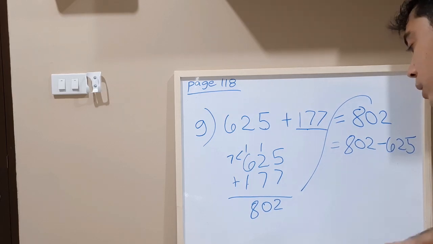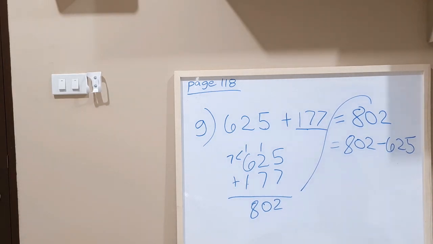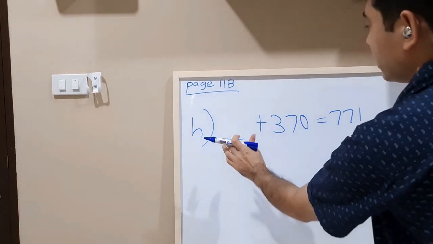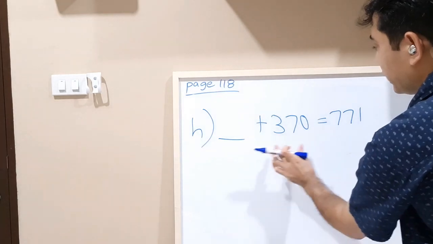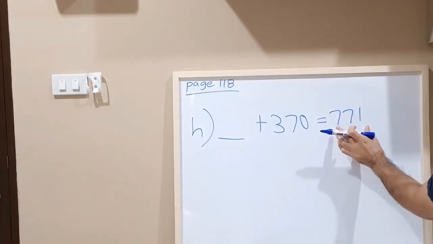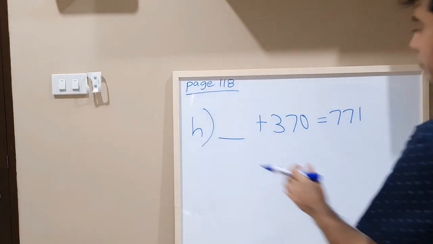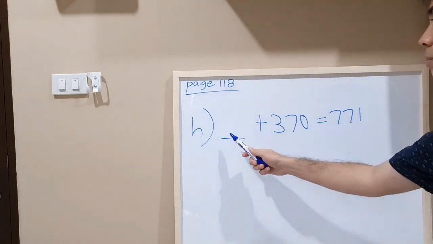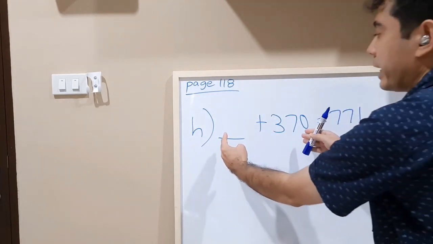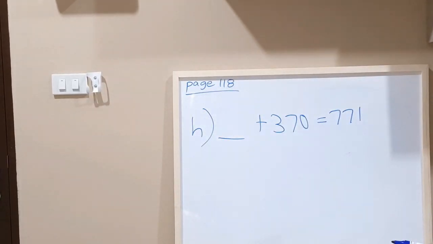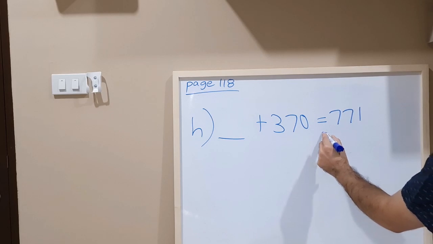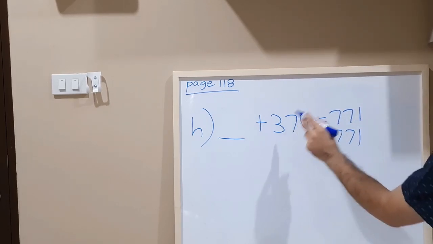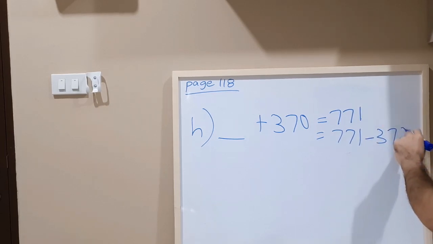Now we can do the last one, letter H. Okay, now for letter H, if you add these two numbers, it will give you 771. But the first number, it's blank. So let's try finding the missing number so that if we add them, it will give you 771. So we can write 771 minus 370.